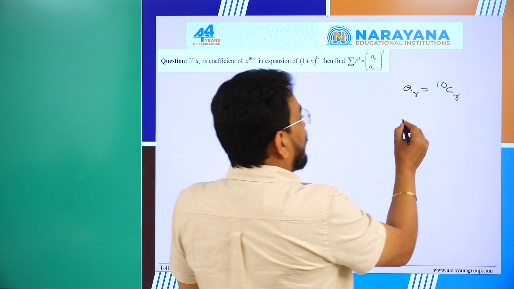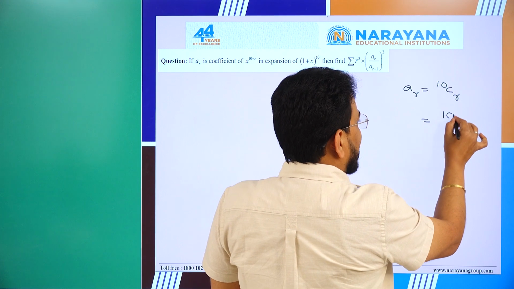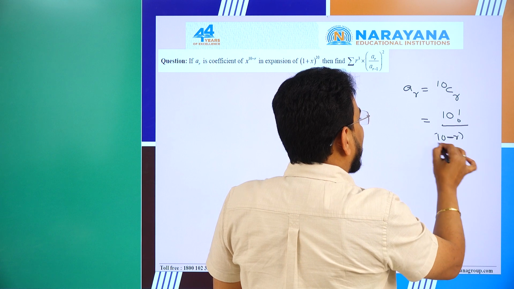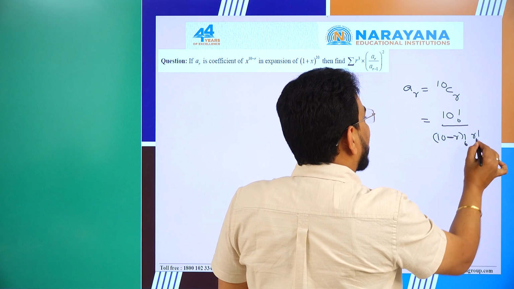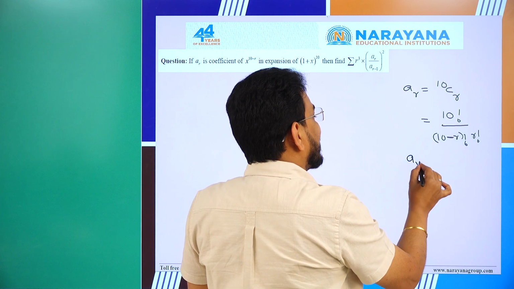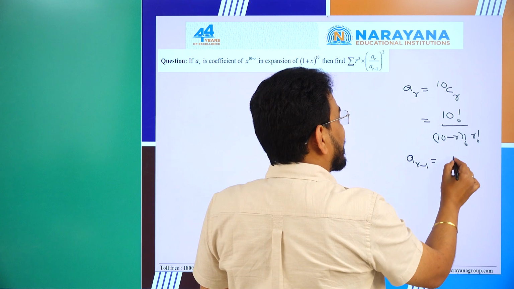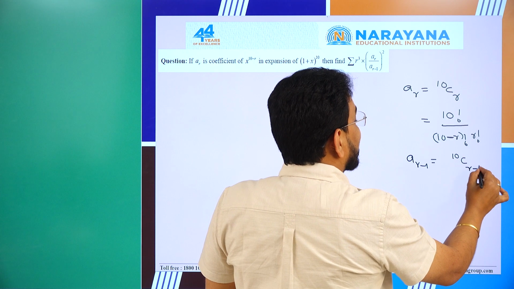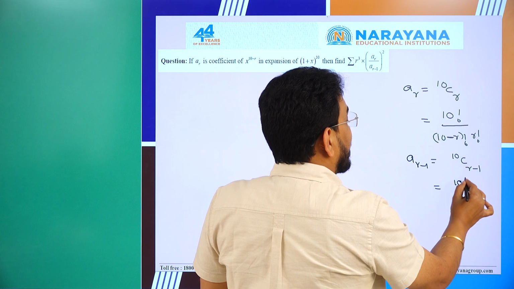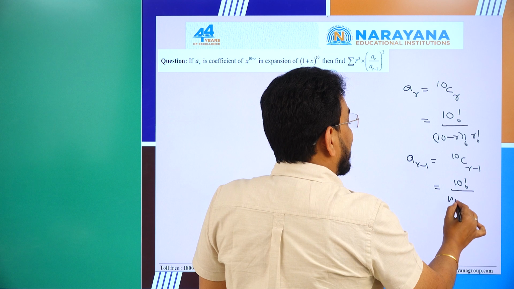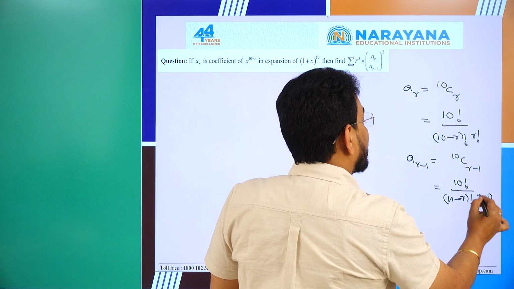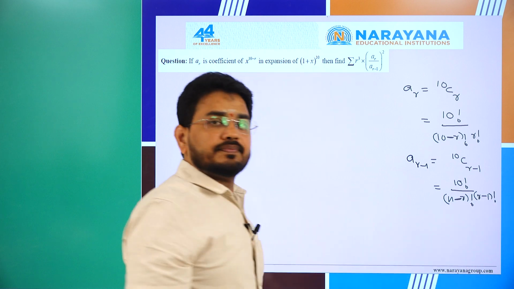So what is AR? It is 10 factorial by 10 minus r factorial into r factorial, and similarly AR minus 1 is equal to 10 C r minus 1, which is equal to 10 factorial by 11 minus r factorial into r minus 1 factorial.